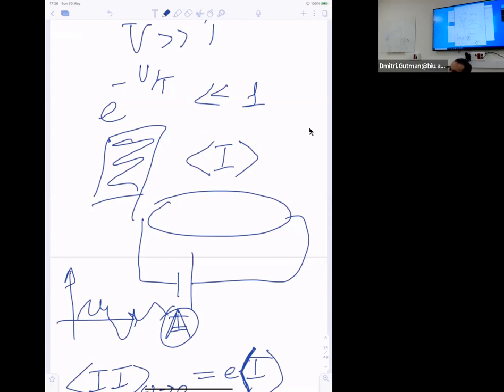Because you need to measure current at many points in space and at many points in time, and cumulants require subtraction of low cumulants. So to get a third cumulant, you need to subtract the second cumulant. And because the central limit theorem works, all distribution functions look like Gaussian.